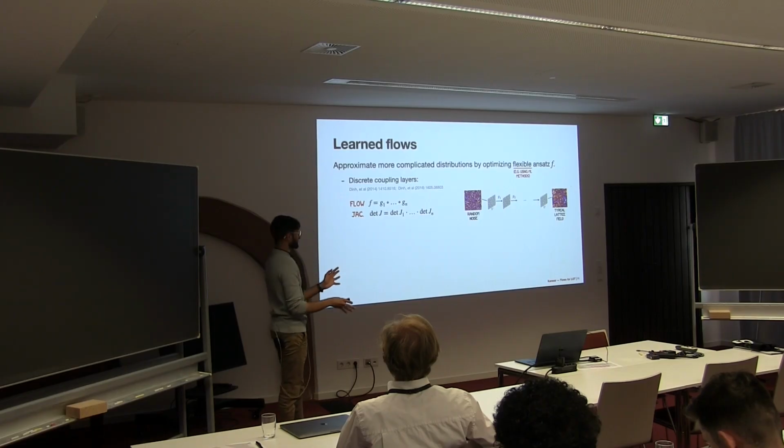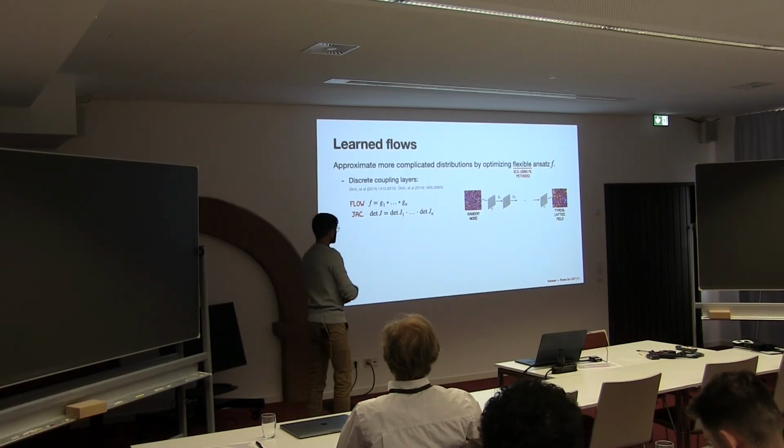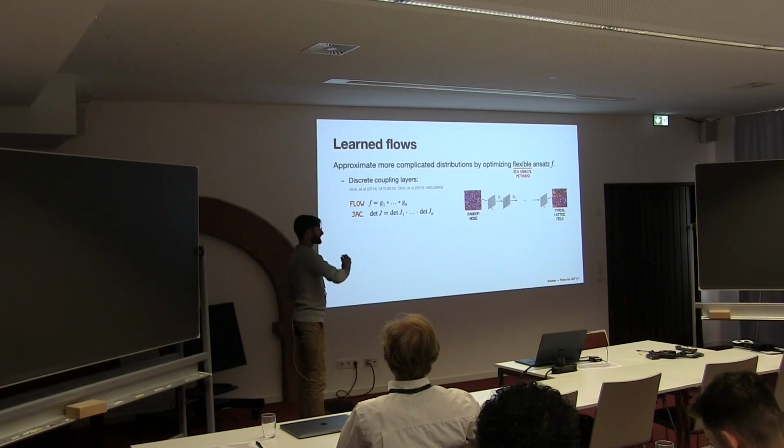So assuming that this is necessary, which it is for normalizing flows, how do we ensure this invertibility with a very flexible parameterization? I would say there are roughly two strategies that have been pursued. One is we compose a discrete sequence of transformations.